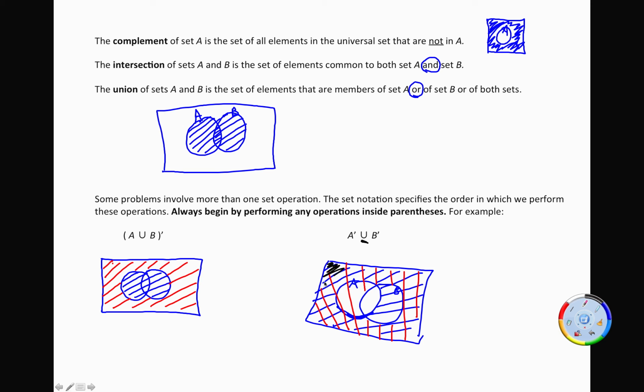So I'd go back for my final answer and shade everything but that middle region. This is what it looks like to represent the set of not A or not B. Anything except this football region.